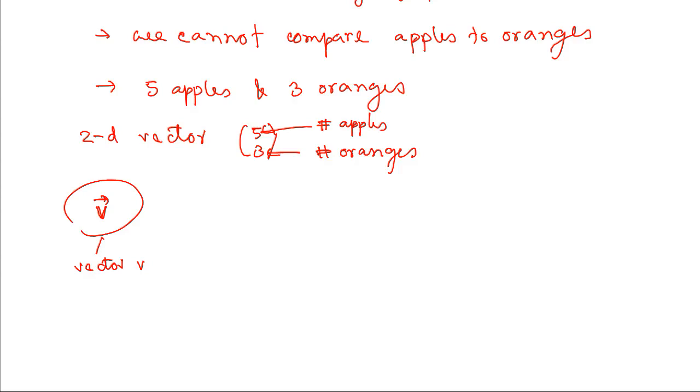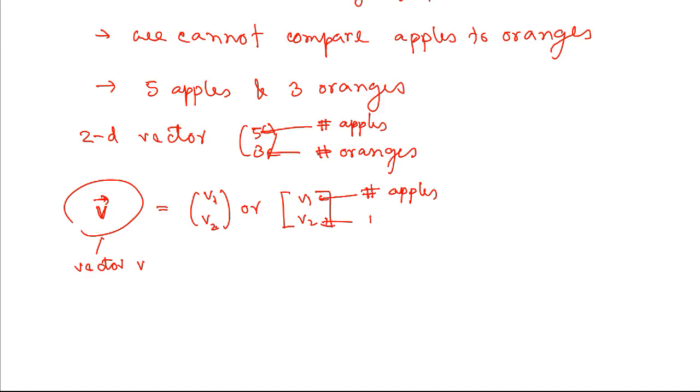That's how we can pronounce or say that. So it has two components. I represent it with a subscript called 1 and 2, first and second. Or you can use both square bracket or round brackets, it doesn't matter. And we might use both of them, but it's all the same. So here in our case, depending on the meaning you give, the first one talks about apples, the second one talks about oranges.